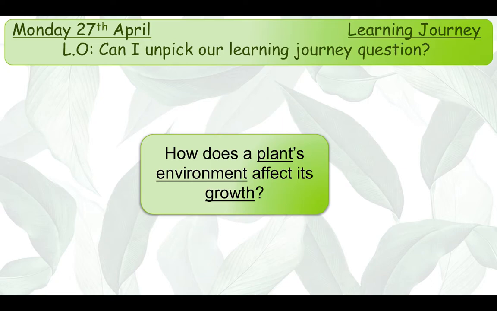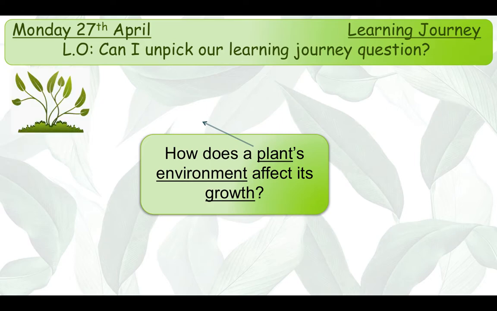Okay, the first part of our question we're going to look at is the word plant. What is a plant? So draw an arrow and you could even draw yourself a picture of a plant. Then I'd like you to have a go at seeing if you can explain what a plant is.